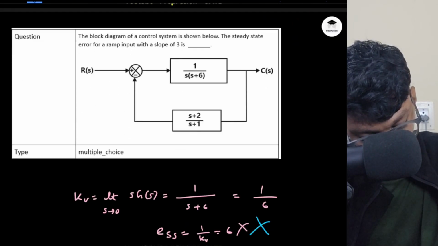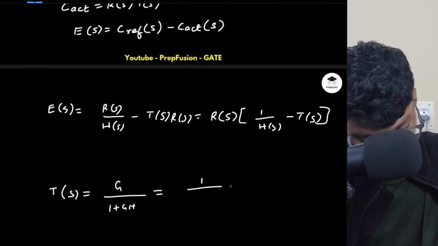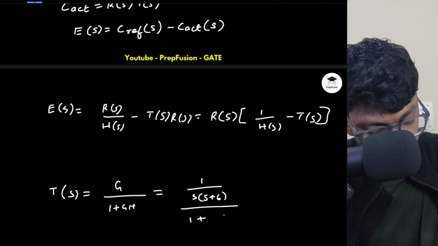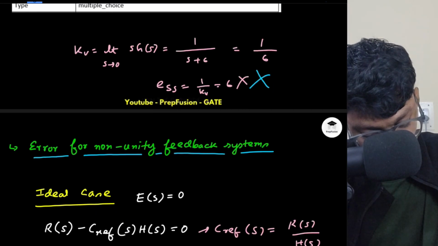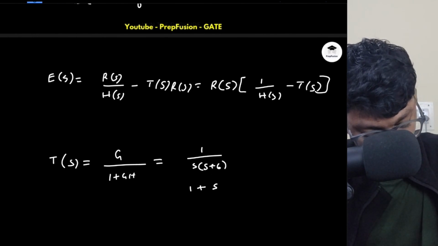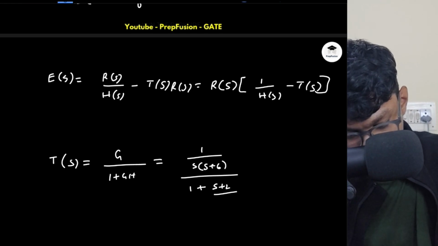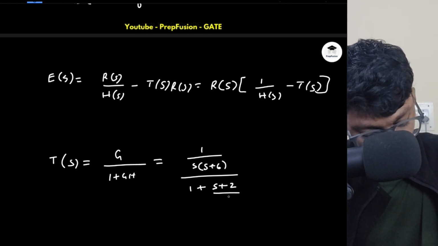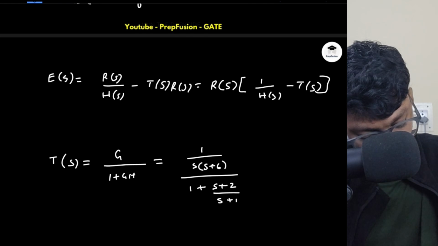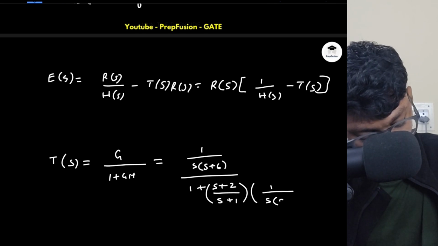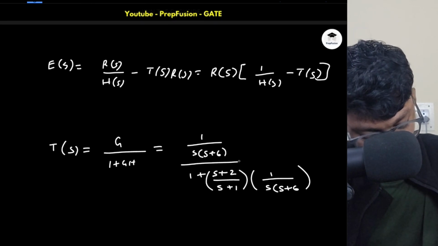G here is 1 by s into (s plus 6), and it is 1 plus G into H(s). H(s) is (s plus 2) divided by (s plus 1), into 1 divided by s into (s plus 6).